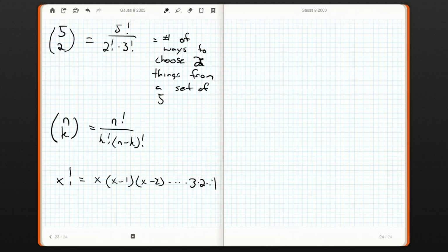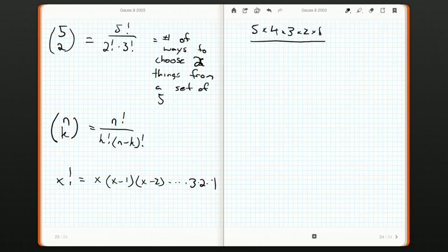So if I wanted to figure out how many ways I can choose 2 tiles, 2 of these little tiles, out of 5, I'd do 5 choose 2, which is 5 factorial, so that's 5 times 4 times 3 times 2 times 1, over 2 factorial times 3 factorial. And we can do some work. These 3's and 2's and 1's are going to cancel out. 4 and the 2 will cancel out and leave a 2 on top, and we'll just be left with 5 times 2 divided by 1, or 10.